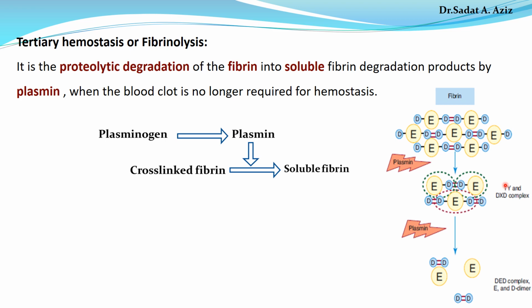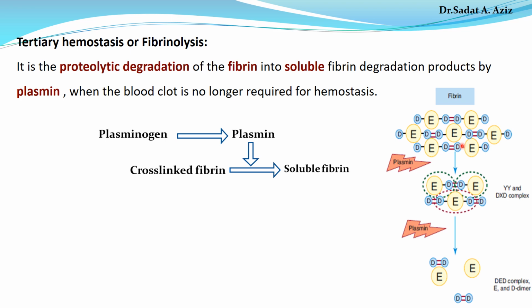So at the end of repairing the damaged tissue, you have a plug of fibrin at the site of the injury. So it should be removed. Otherwise, it might act as a rough surface for the platelets to aggregate at the site.